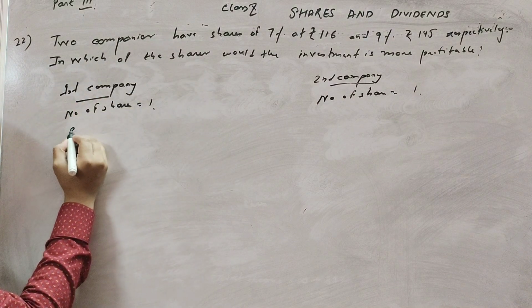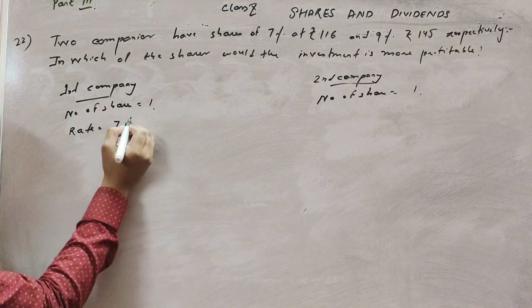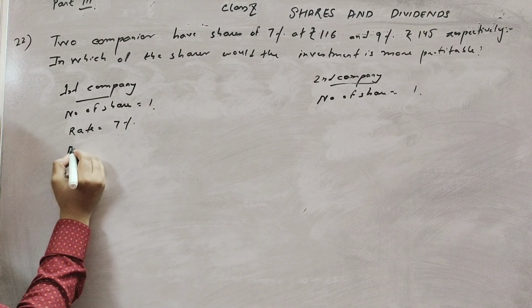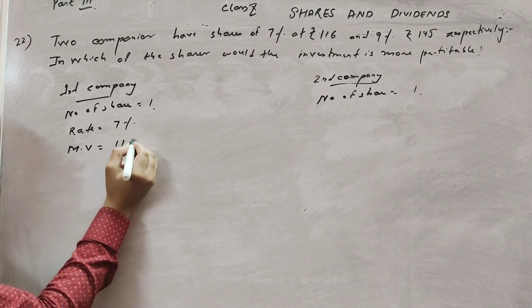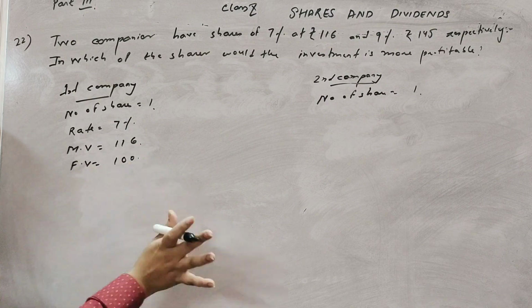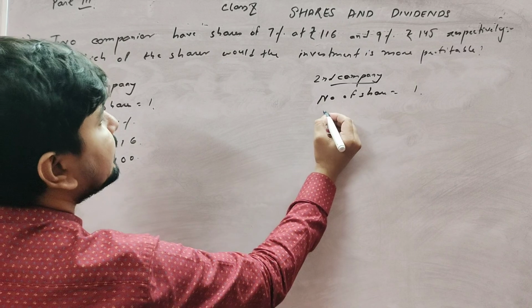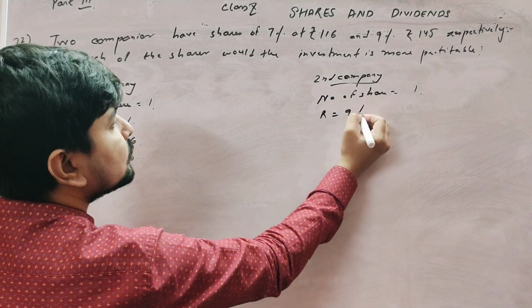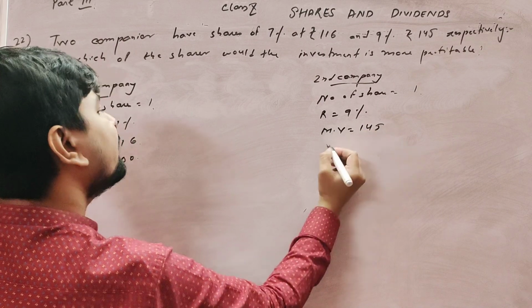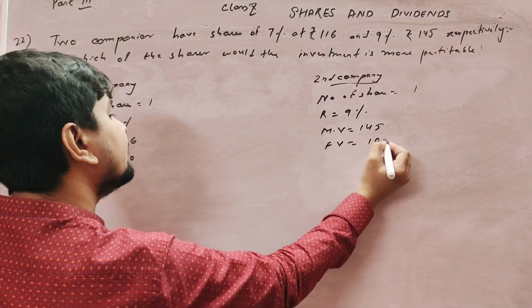First company offers rate equals 7%, market value is 116 and face value equals 100. Second company gives rate equals 9%, market value is 145 and face value is 100.